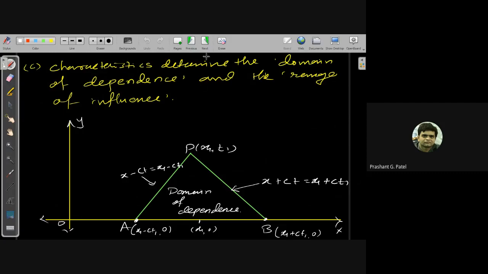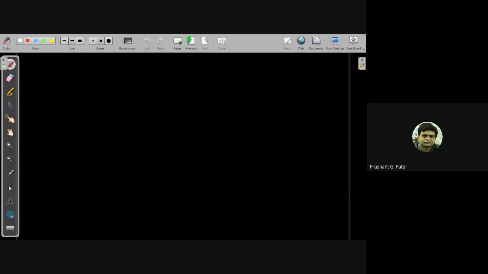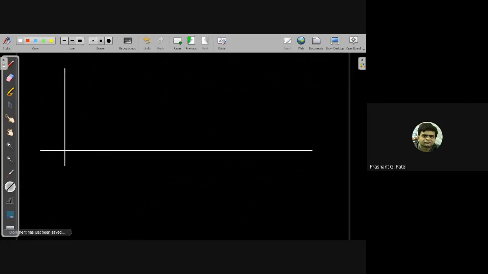Now what is the range of influence? For that I need to draw a figure. Let us consider this is your x-axis and y-axis. You consider these are the characteristic segments.